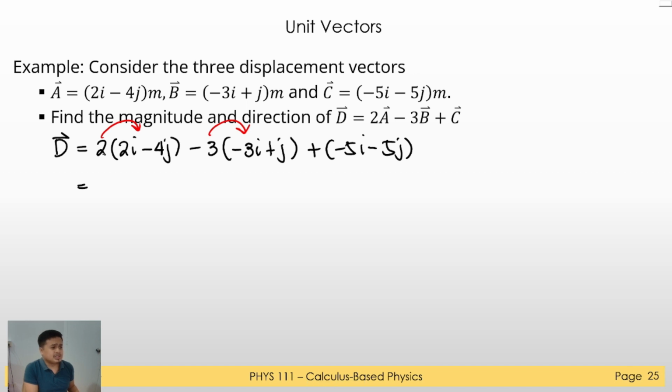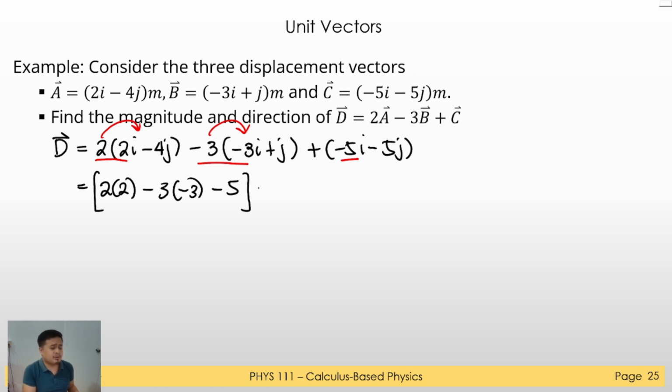So let's say we have 2 times 2. We will add all the components of i, which is basically just the magnitude of the x components. So 2 times 2, we have negative 3 times negative 3. And then we have negative 5.